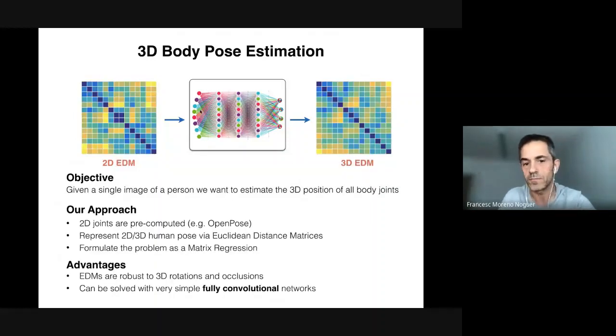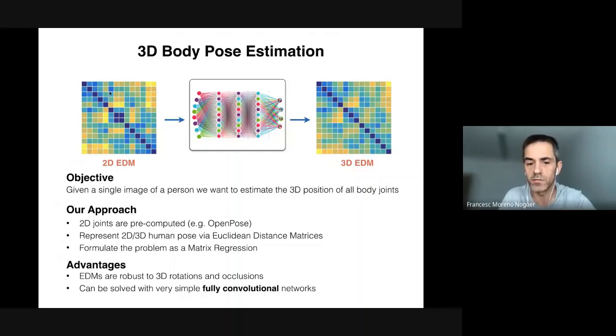What does this mean? Instead of taking the Cartesian coordinates of the joints, we take the pairwise distance between the joints. On the left, the pairwise distance in the image plane, and on the right, in the output, the pairwise distance in the Euclidean domain. We observed that using this kind of representation was much more adequate.